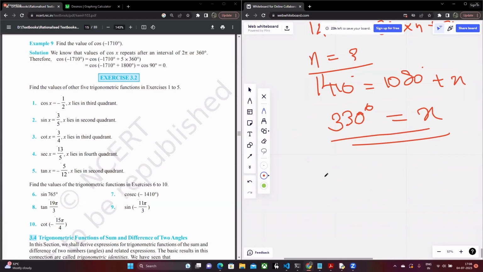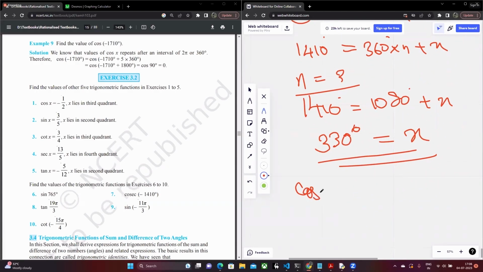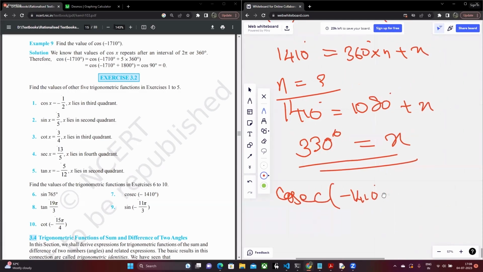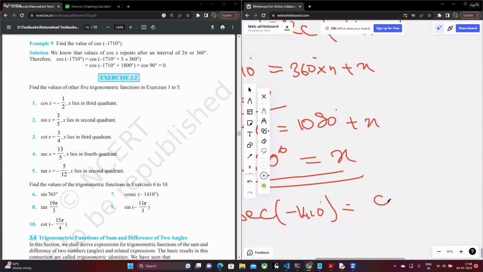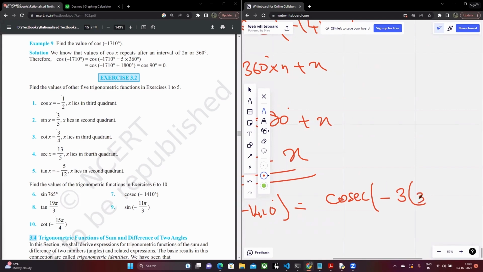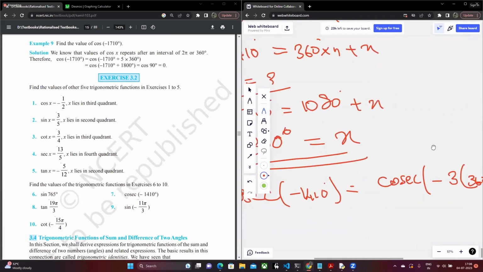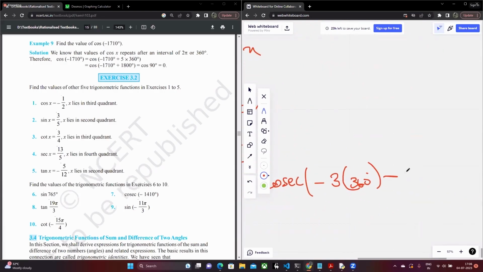So therefore, you have this cosecant of minus 1410 degrees. That is going to be equal to cosecant of minus 3 into 360 degrees minus this 330 degrees, right?